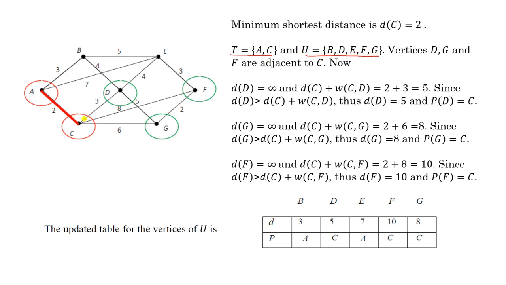Now you will find the adjacent vertices of C, so D, F and G, these three vertices are adjacent to C. So again for these three vertices you will check the existing distance and the distance through C. So dD equals infinity, the existing distance.